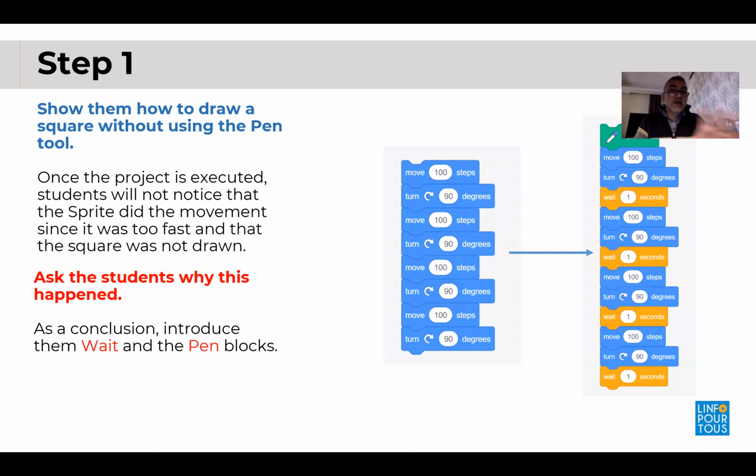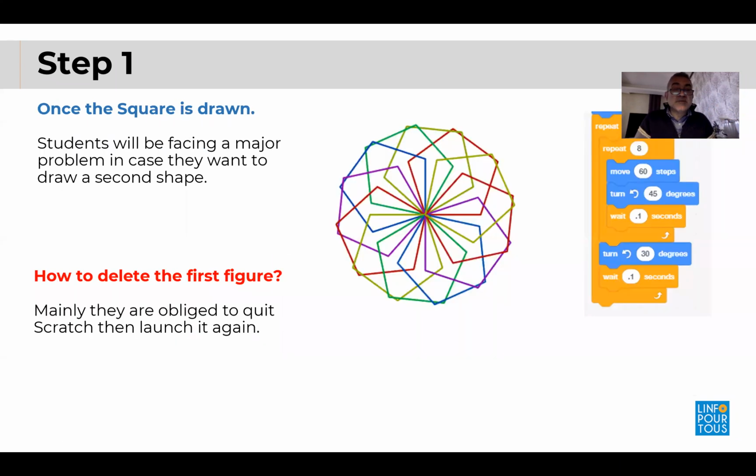So that's why here you are asked to introduce, after that, the pen tools that are added to the Scratch program in order to make the sprite draw shapes. Once the square is drawn, students will be facing a major problem, which is how to draw the second shape and how to delete the figure.